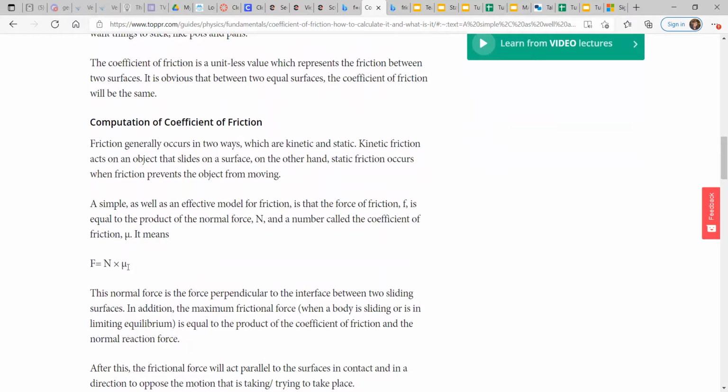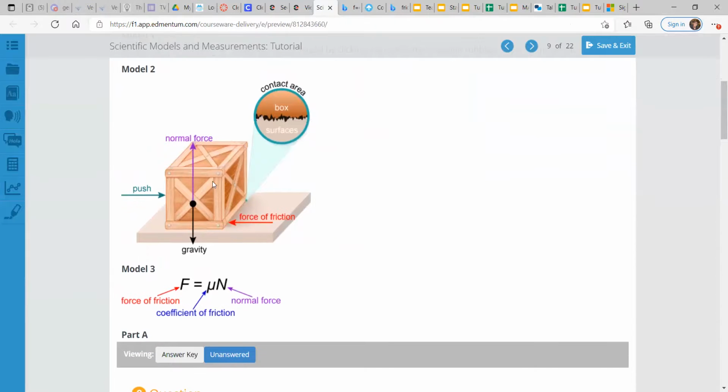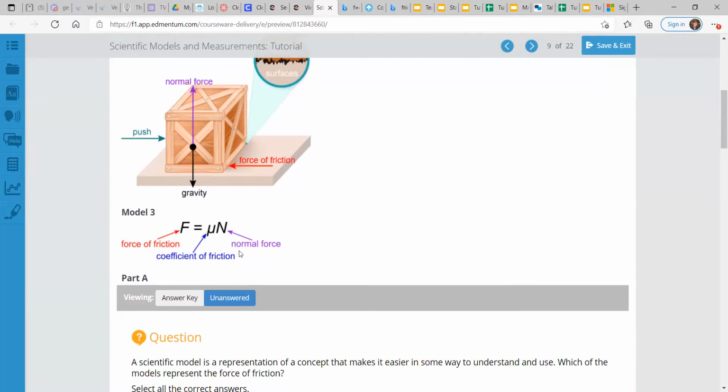And here's the equation. F equals mu times N. N is the normal force. The normal force is the opposing force to gravity. So we have gravity pulling down on the box, but in order for the box to stay in place, there is a force pushing upwards to keep it in balance.